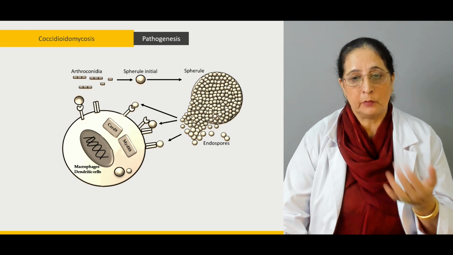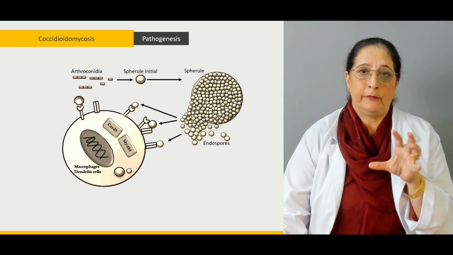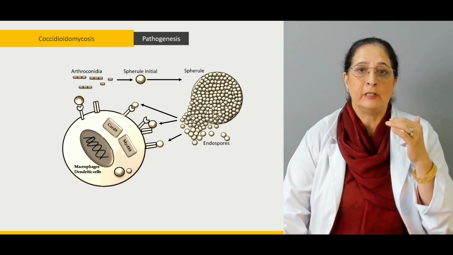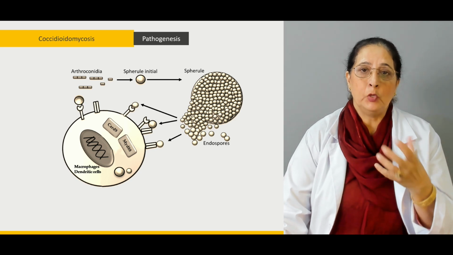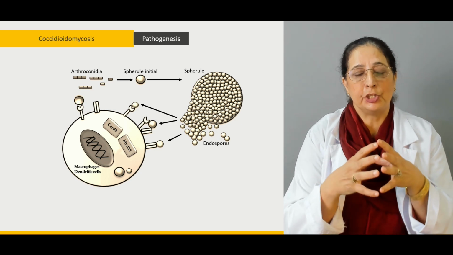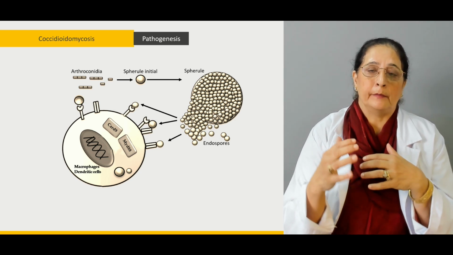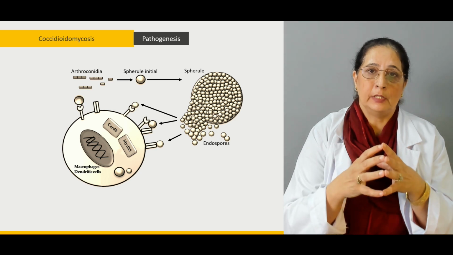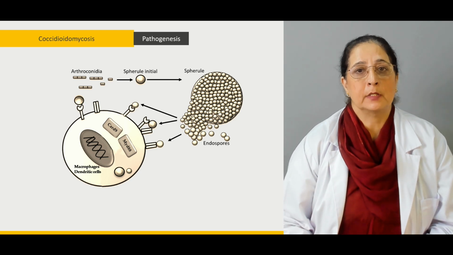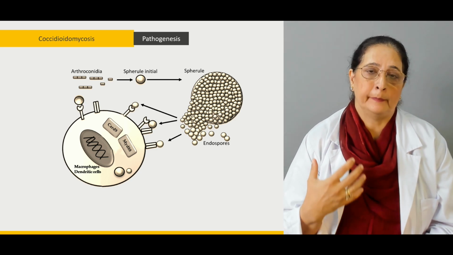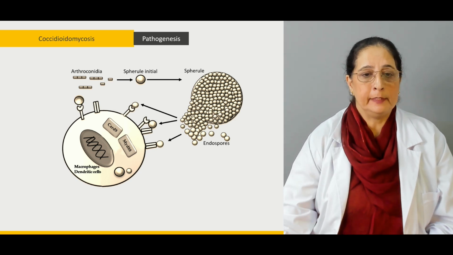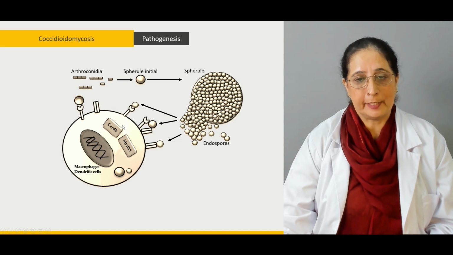When endospores are released onto the surface of the macrophages and dendritic cells, we have receptors present. The function of the receptors is binding or attaching the foreign body, which then brings some changes in them, so that it initiates the process of destruction, the phagocytosis.